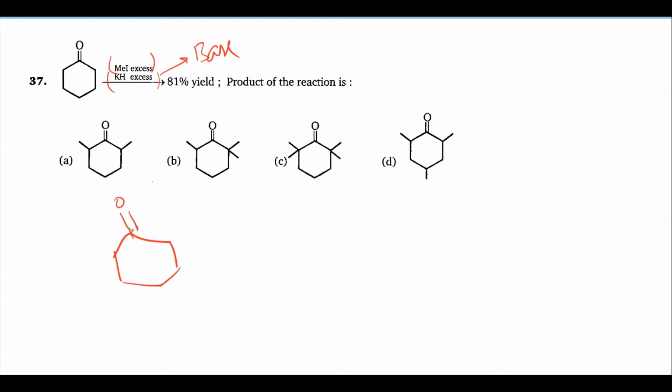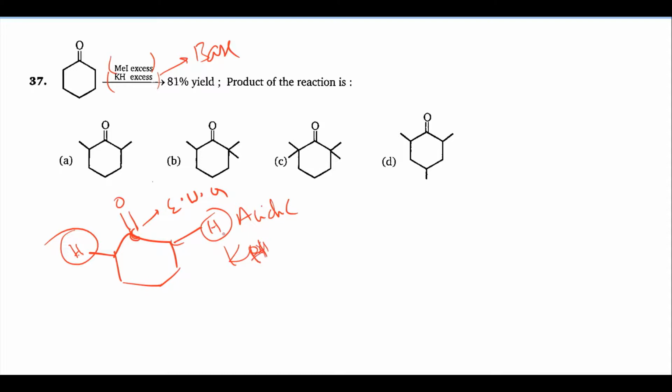In the cyclohexanone, C double bond O is like an electron withdrawing group. So whenever an electron withdrawing group is on a carbon, the hydrogen on the neighbouring carbon is an acidic hydrogen. Because KH is mentioned as excess, this hydrogen is also going to be removed. If you add 1 mole, this hydrogen is removed. If you add 2 moles, these two hydrogens are removed.